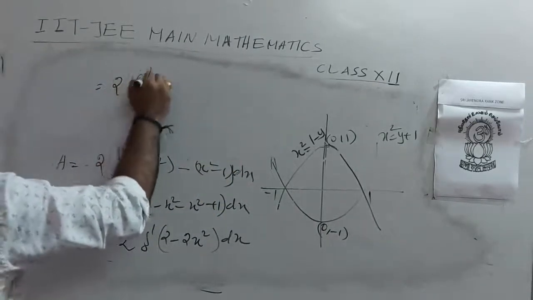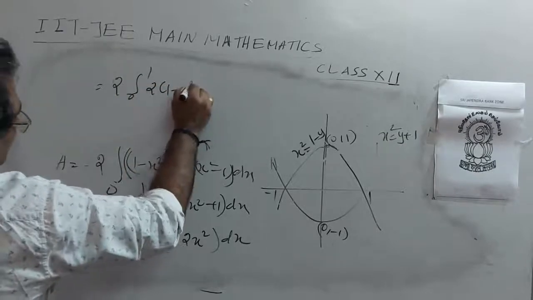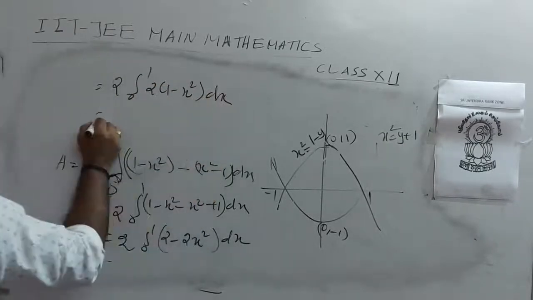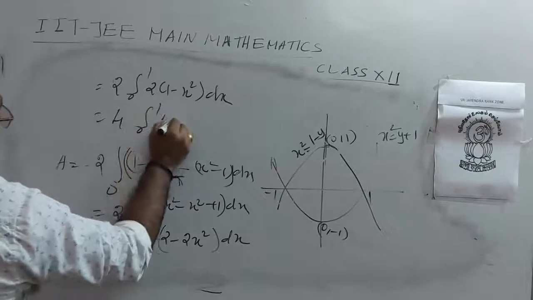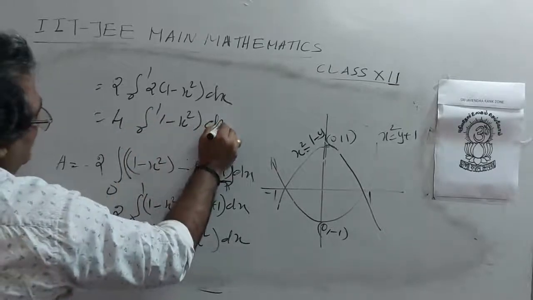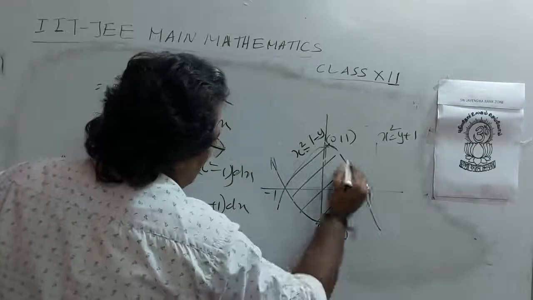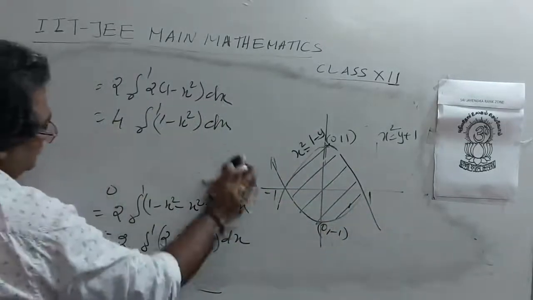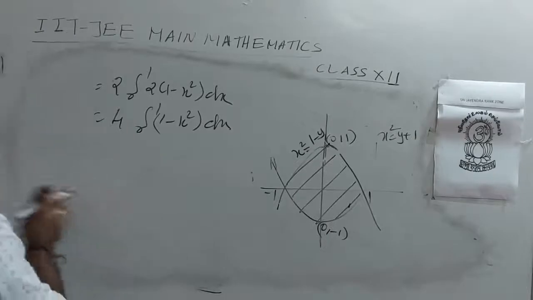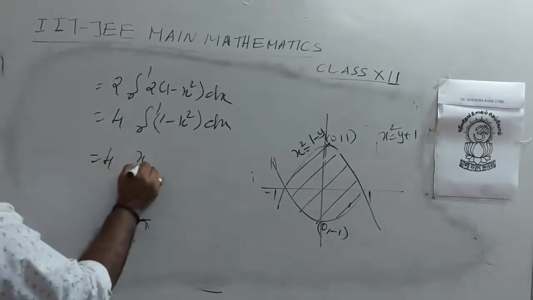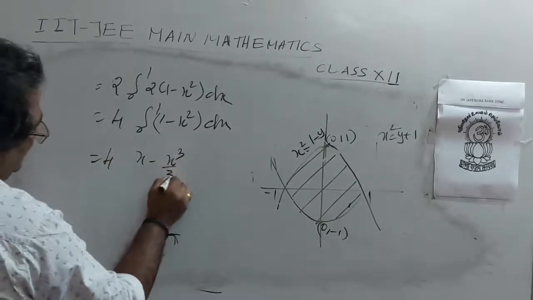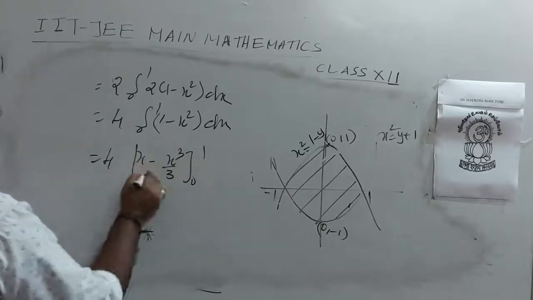2 into integral 0 to 1 of 2 into (1 minus x squared) dx, that is 4 into integral 0 to 1 of (1 minus x squared) dx. X minus x cubed by 3 from 0 to 1.